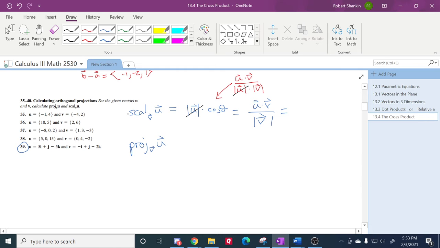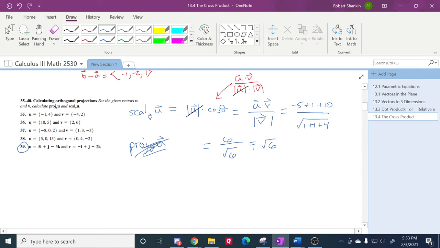And u dot v is negative 5 plus 1 plus 10. The magnitude of v is the square root of 1 plus 1 plus 4. Which is equal to, on the top you're going to get 6. On the bottom you're going to get the square root of 6. And that reduces to the square root of 6.